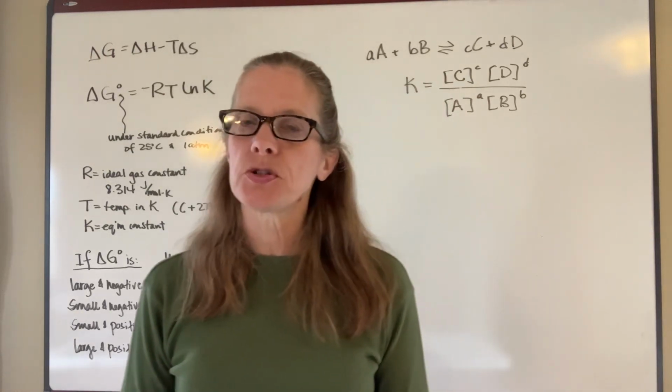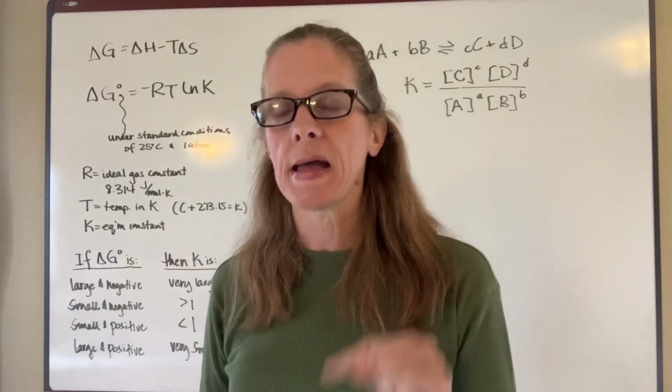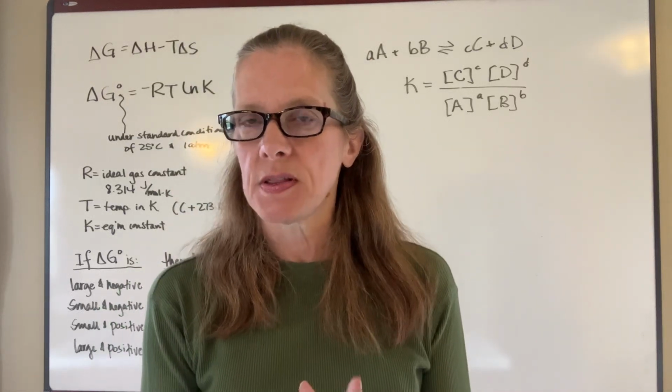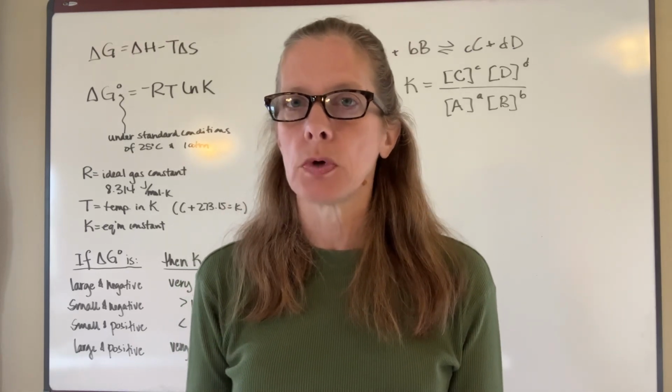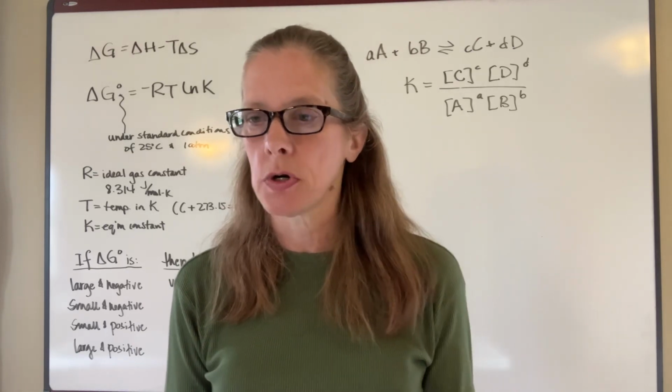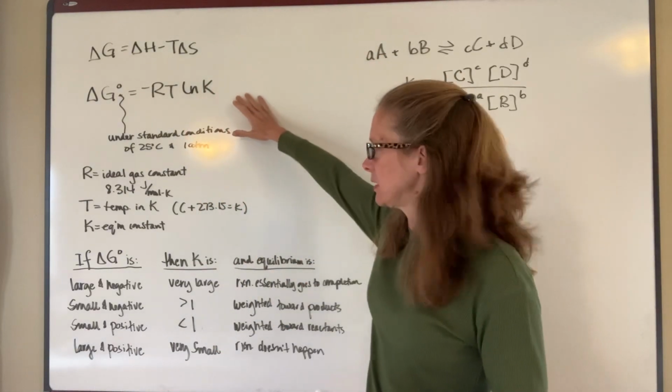Now, there is a difference between a log and a natural log, ln. I'm not going to go into that here. If you don't remember that, I would suggest that you go back to your algebra book and check that out. But this is the equation that we're going to be using.